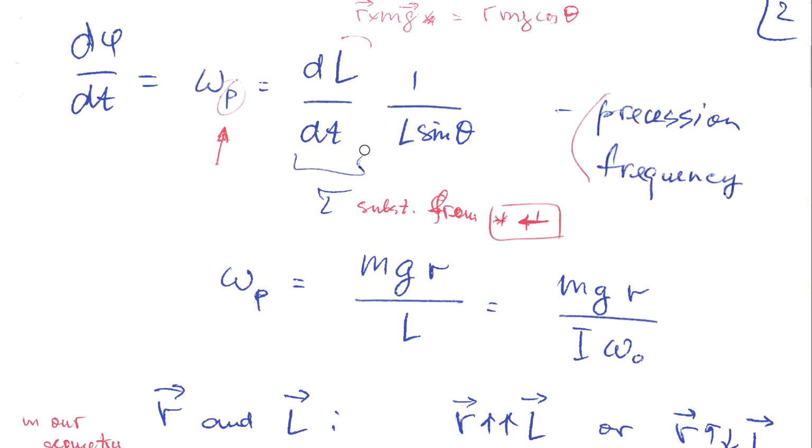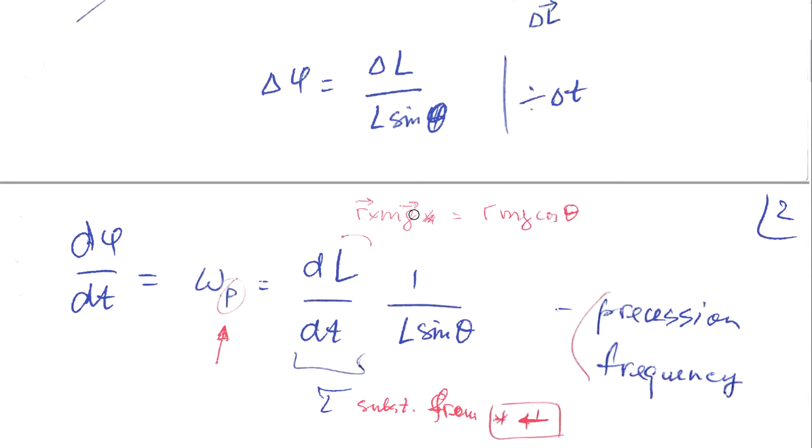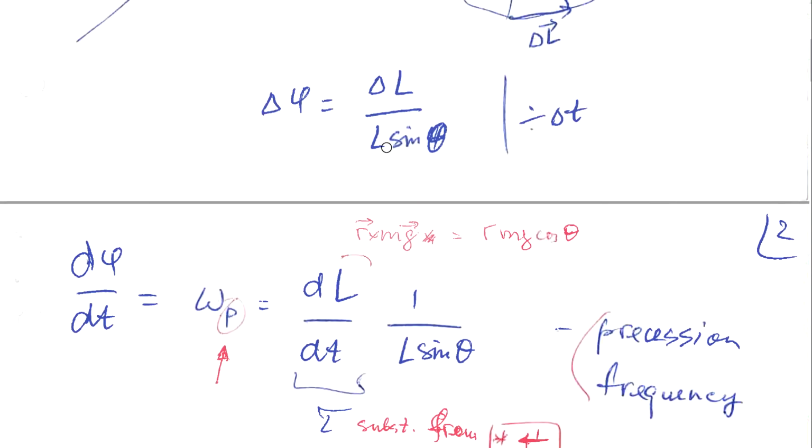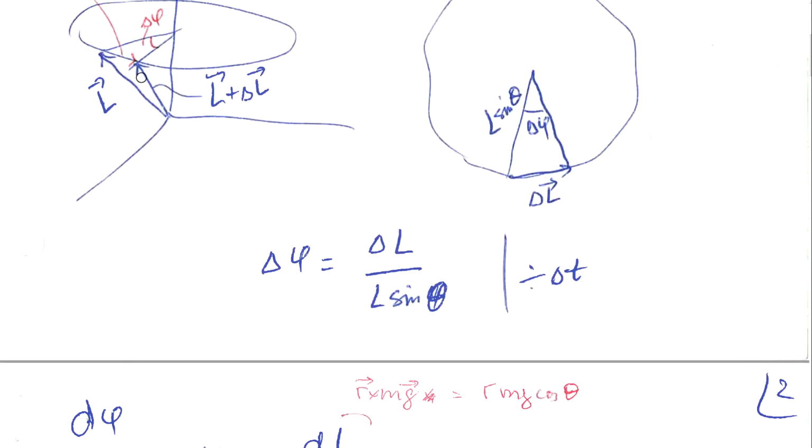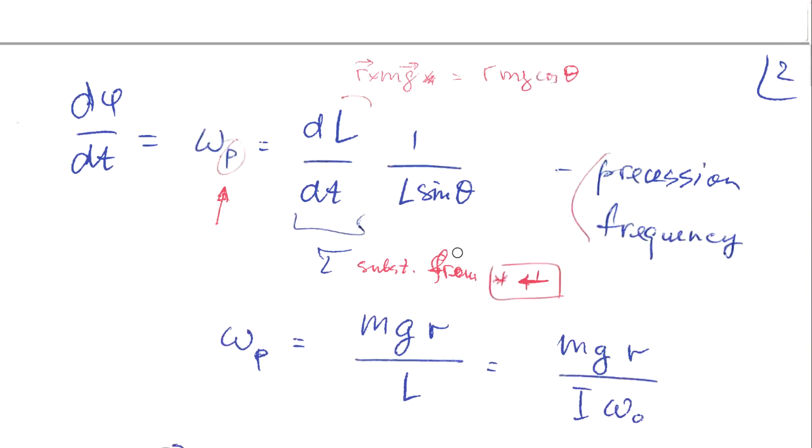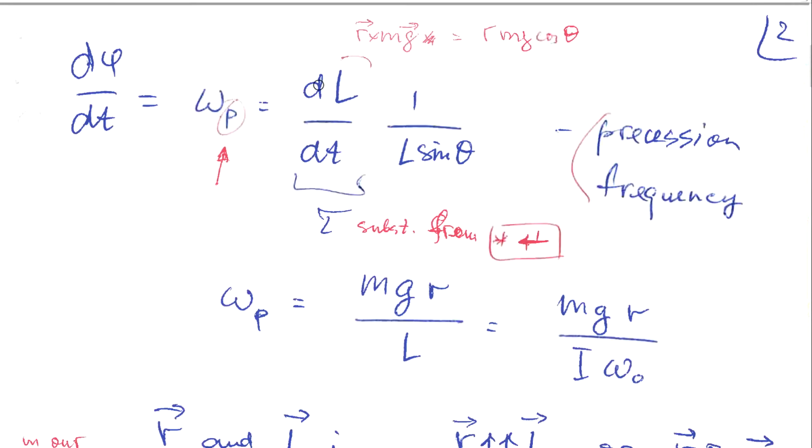Then we take the derivative of the right side, dL dt, times 1 over L sine theta. You may notice L itself is a constant, but delta L is what is time dependent. L is the length of the angular momentum, but delta L describes its change. Therefore we take the derivative only of the L.